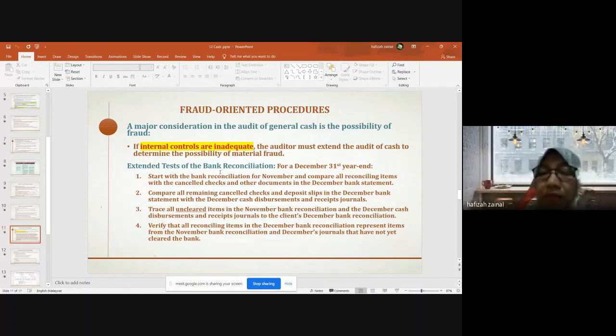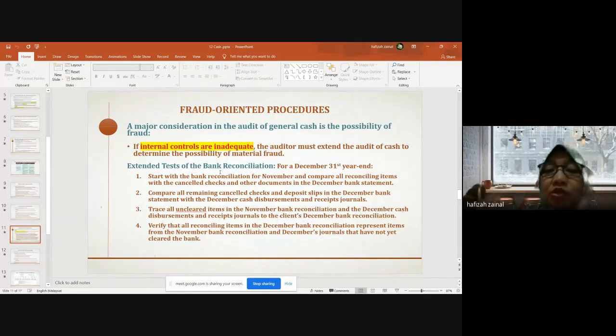Definitely it will happen when the internal control is not adequate. That's why, as you notice, from time to time I highlight the controls that you need to have. If you don't have those controls, there will definitely be a tendency for people to misuse their power to access the accounting records and so on.